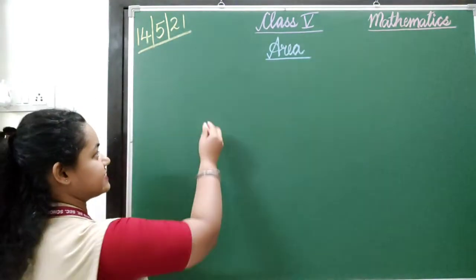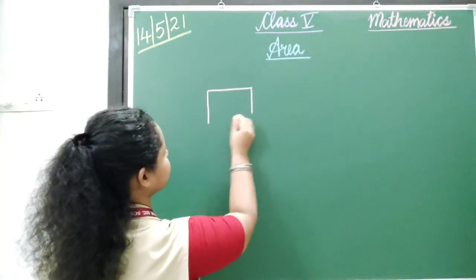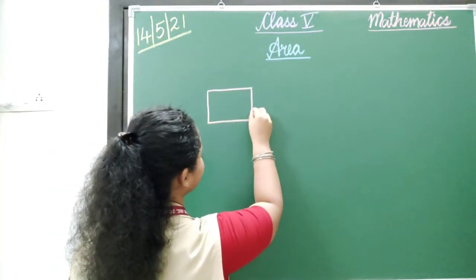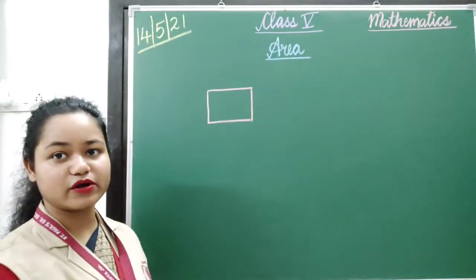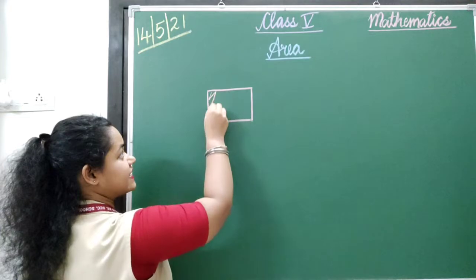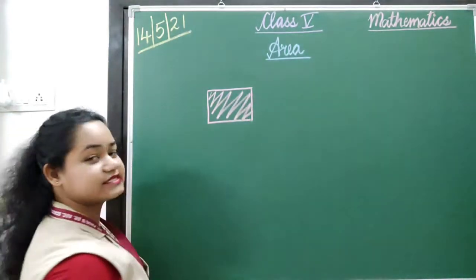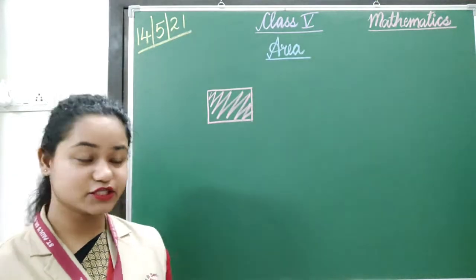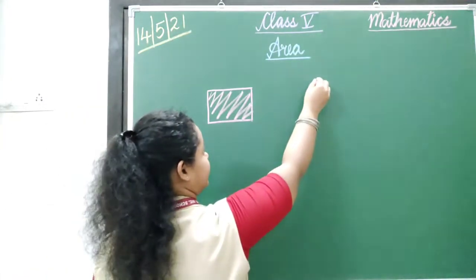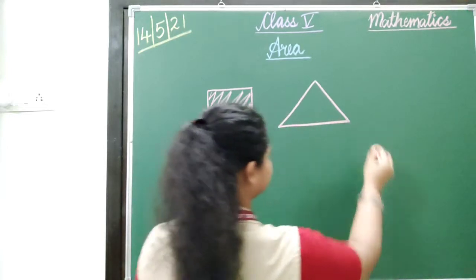Okay. For example, if I talk about a square or a rectangle, the portion which is enclosed in this boundary, this is your area. Understood? If I say, let us take a triangle.